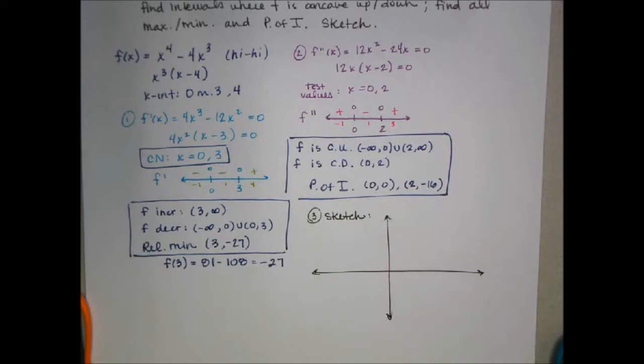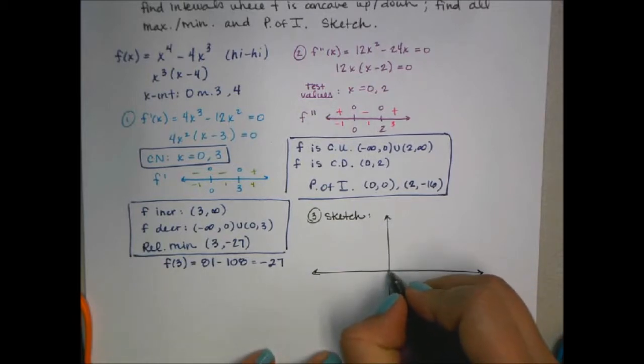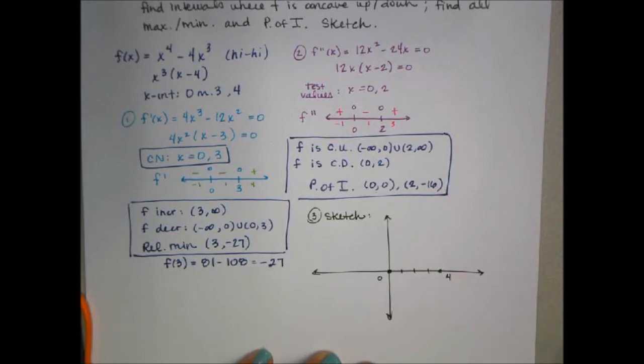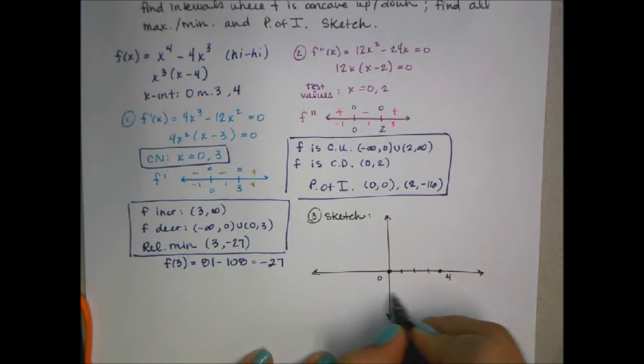So 0 and 4 are the x-intercepts. We have a few other points here we can plot. So we have 3, -27 for a relative minimum. So I'm not going to draw this to scale here. We'll go ahead and say -27 here.